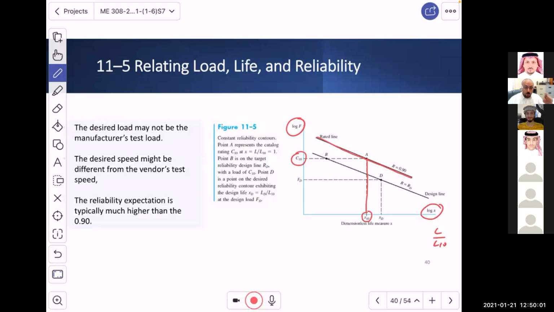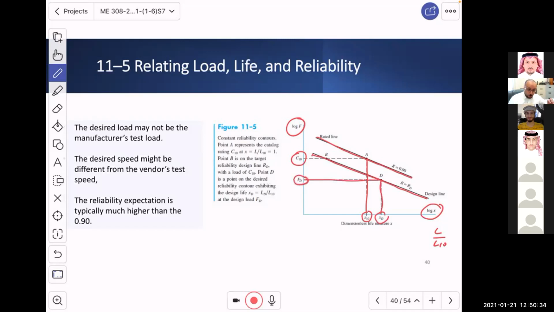Okay, cool. Now, what about if you want different reliability? I'm not going to talk about higher or lower. Of course, we know that people will always want higher reliability. But let's just think about a desired reliability. Now, if you want a desired life, it will tell you that this is the desired force.